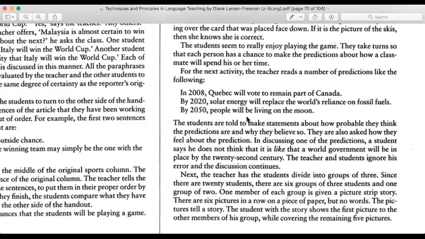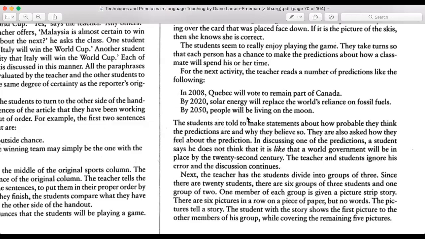So in discussing the prediction, a student can say he doesn't think, he thinks so, probably the prediction is likely to be true. All of those words and structures can be used.